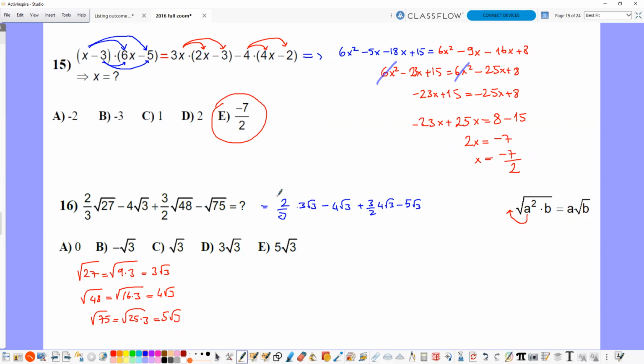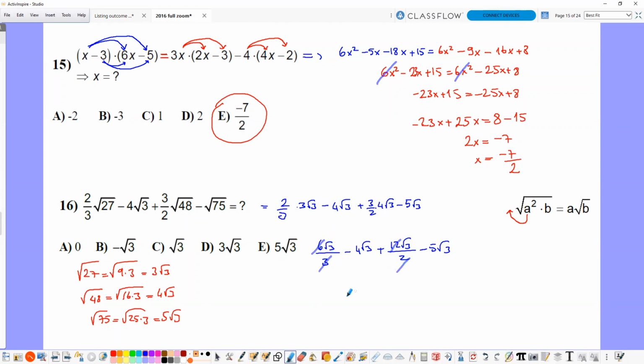Here, first I need to multiply the integer value with only the numerator, which is equal to 6 root 3 divided by 3 minus 4 root 3, and this is 3 times 4, it's going to be 12 root 3 divided by 2 minus 5 root 3. Here 6 and 3 you may simplify, which is equal to 2.